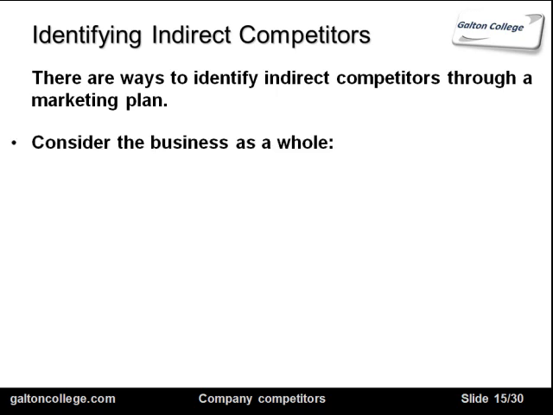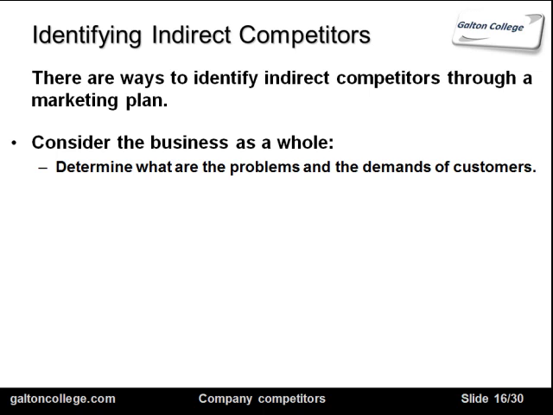First of all, consider the business as a whole. Determine what are the problems and the demands of customers. Look critically at the customer and try to work out what are the problems and the demands of the customer.